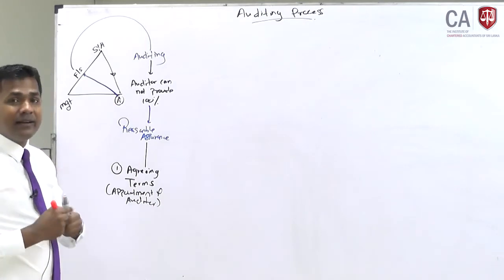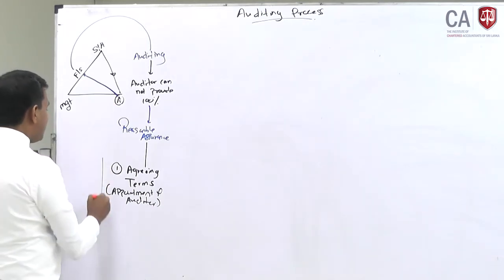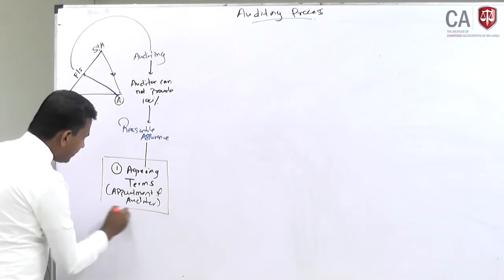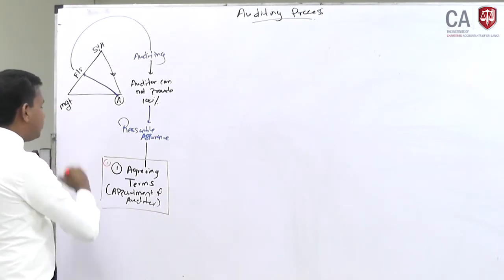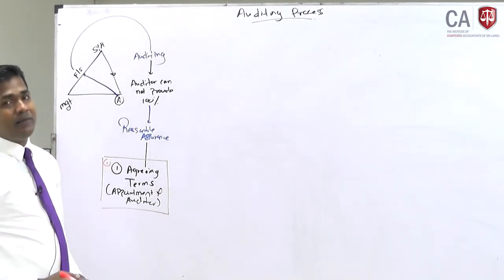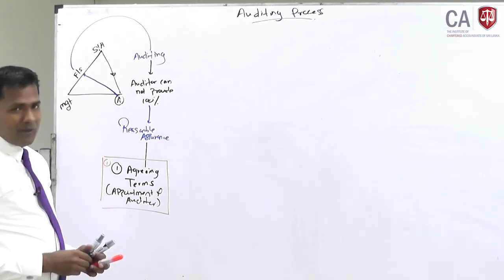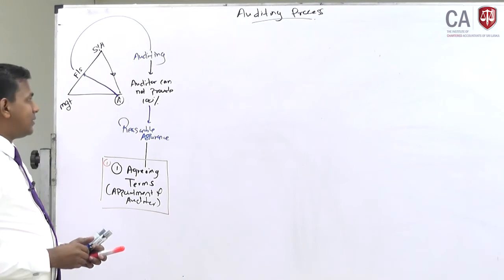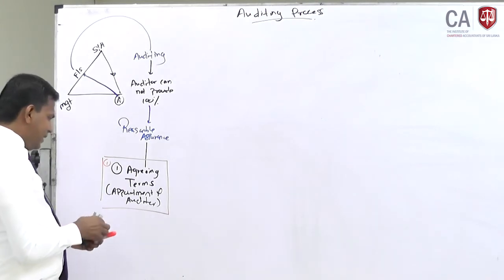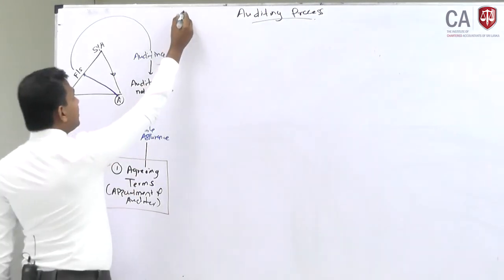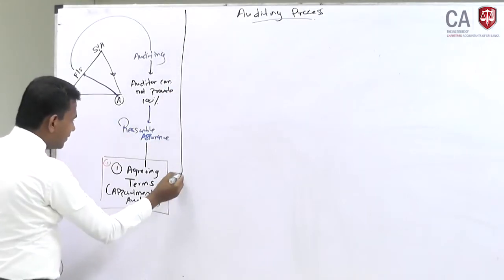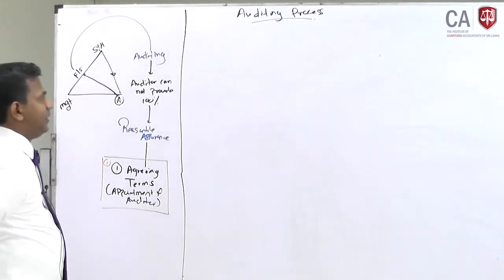So that is called agreeing terms, otherwise we call it auditor appointment. Right, this is the important thing, the number one step that you should be aware of, which will be our next webinar. Right, that is the first step in auditing.